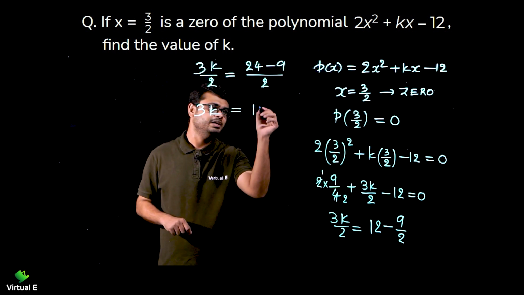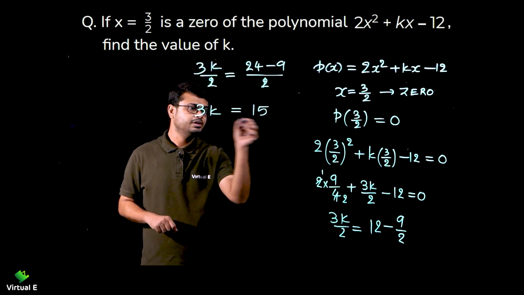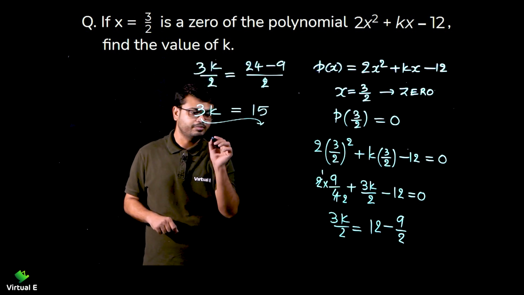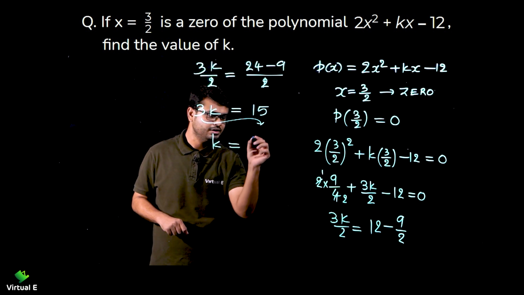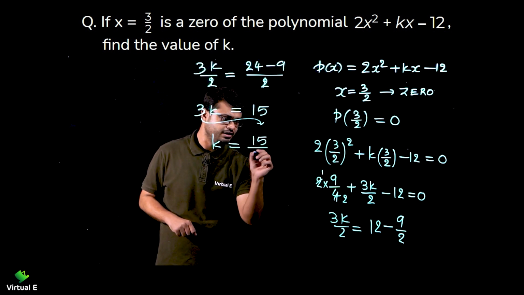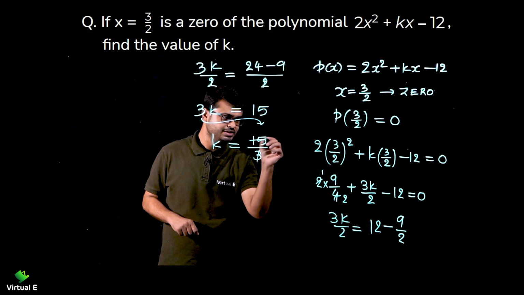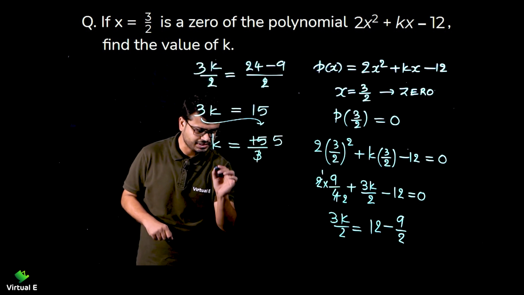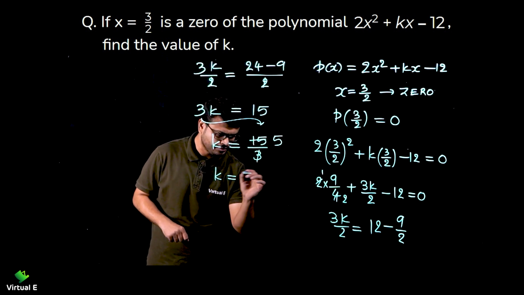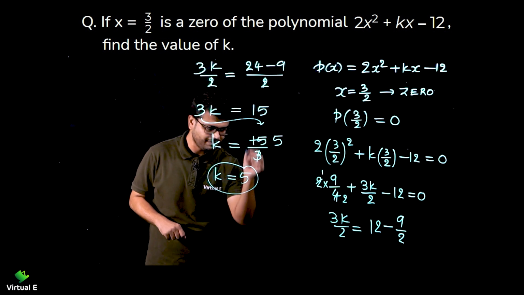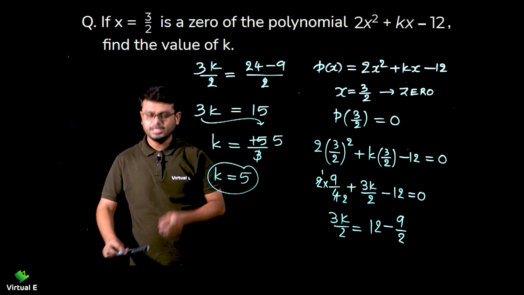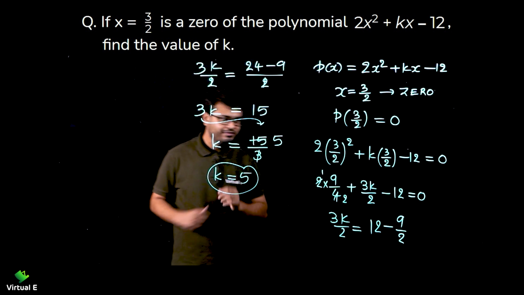That's 15, right? Now the 3 will go into the denominator. So k is equal to 15 by 3. So 3 ones are 3, 3 fives are 15. So what's the value of the unknown? The value of the unknown is k is equal to 5.